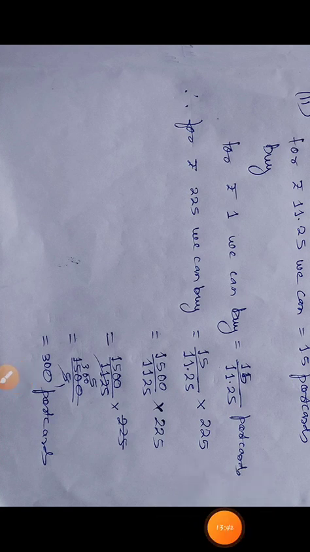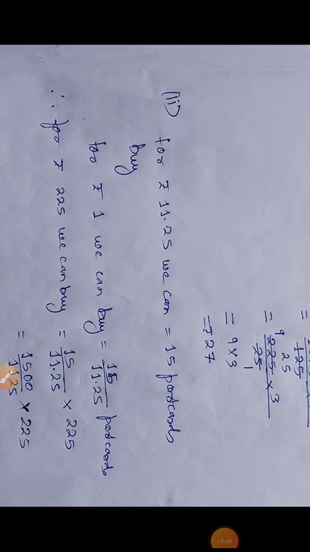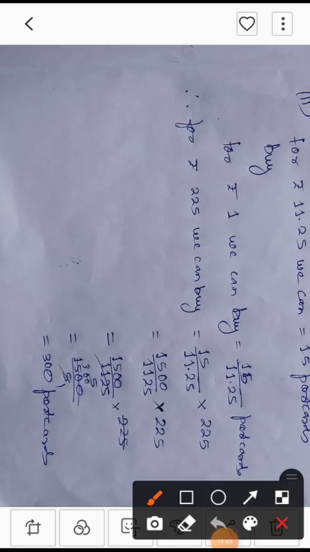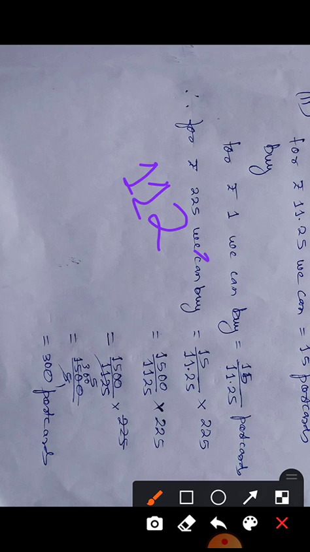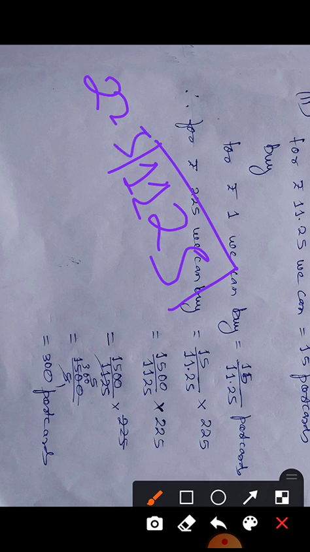So how will I divide? I will change 11.25 to 1125 by 225.